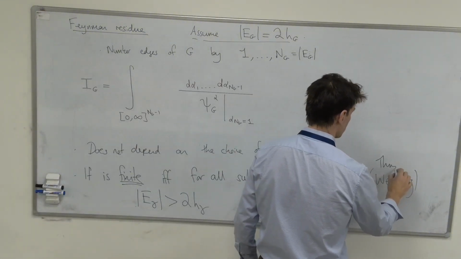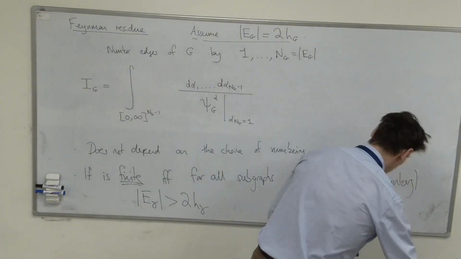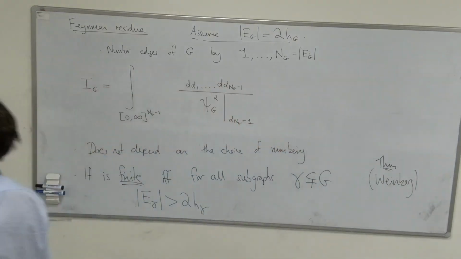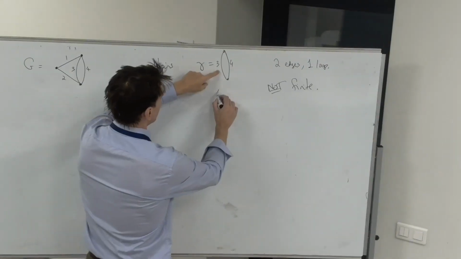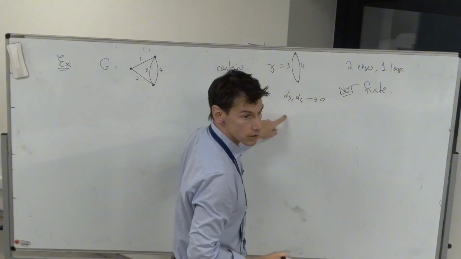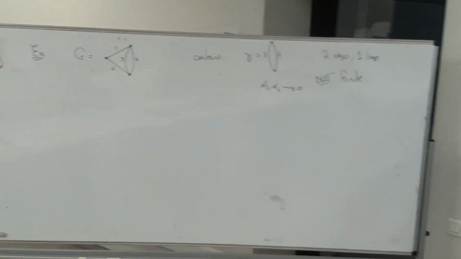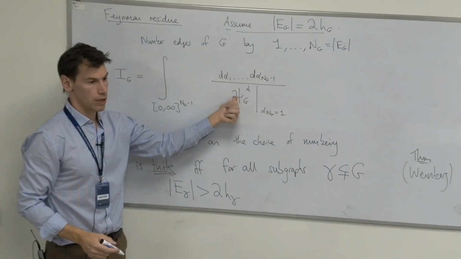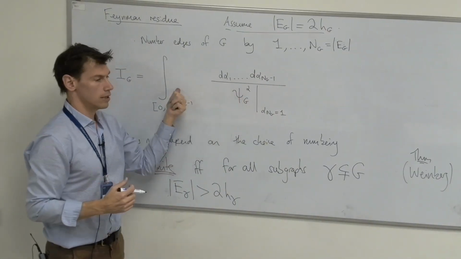It's not obvious. But basically, if you have a subgraph like this, and you let alpha 3 and alpha 4 go to 0 very fast, you can calculate the order of growth of this, and it forces the integral to diverge.